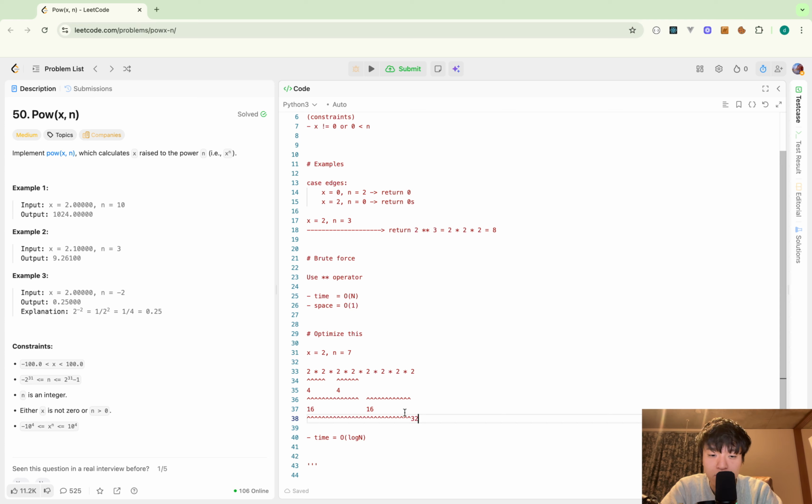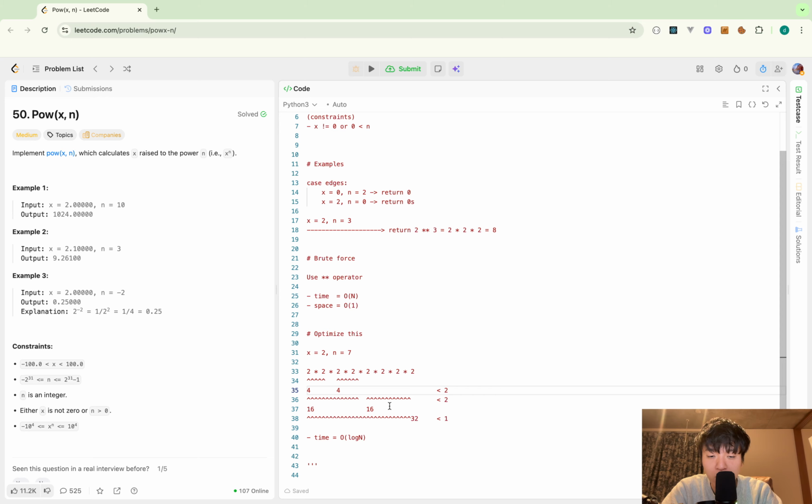So the number of multiplications I have to do is in this layer once and in this layer twice and in this layer twice, etc. Right?